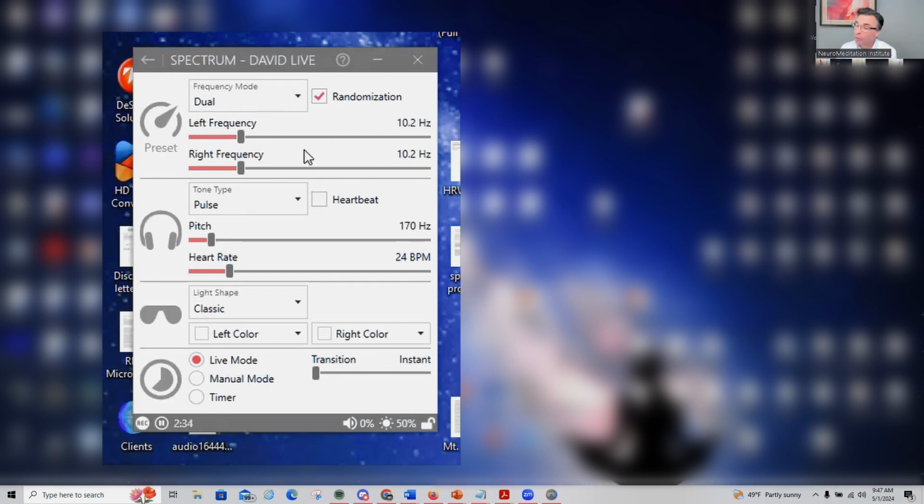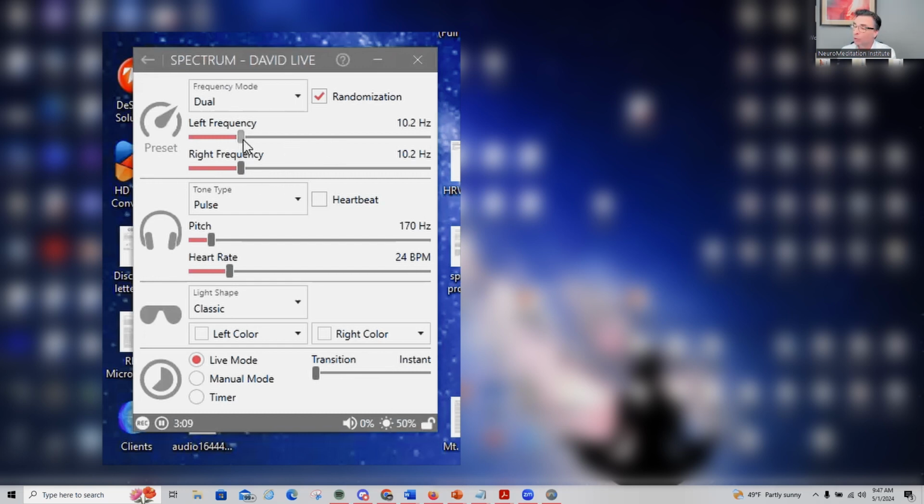Let's start to think a little bit more cleverly here. Let's say you do want to do an alpha program, but remember, alpha goes between 8 and 12 cycles per second. This one said it was healthy alpha, 10.2. And that is a healthy alpha. Healthy alpha is kind of right in the middle of the spectrum of alpha activity. But let's pretend that you wanted to do a meditation where you were in a slightly slower alpha state, maybe 9 hertz.